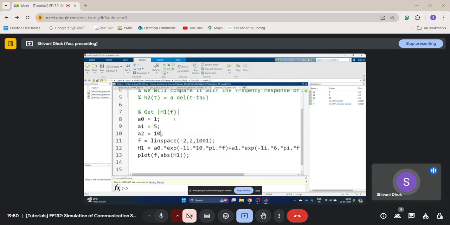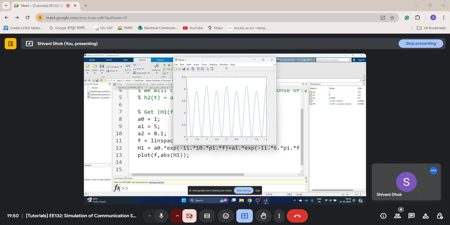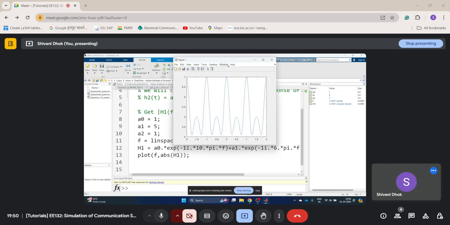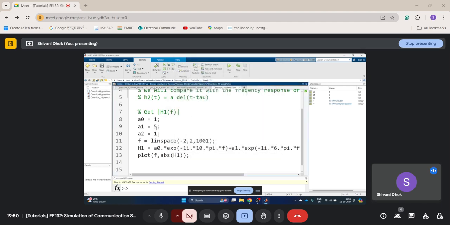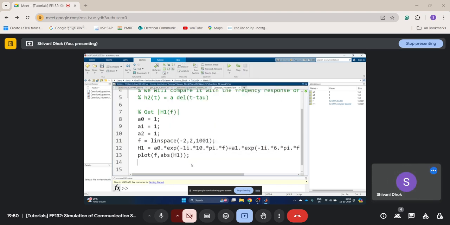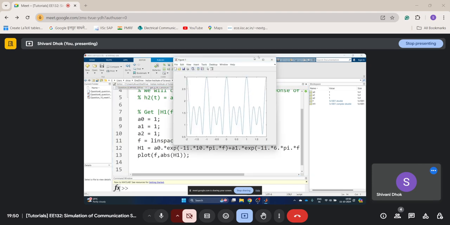Okay, let's make it smaller. Let's keep it 1 only. So if I change the magnitudes or amplitudes, things change.